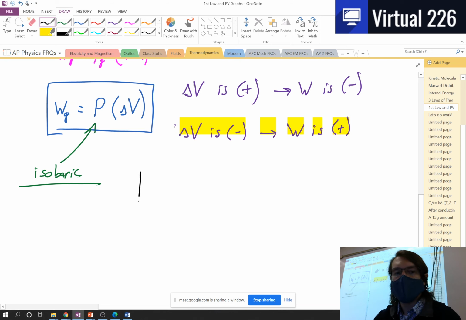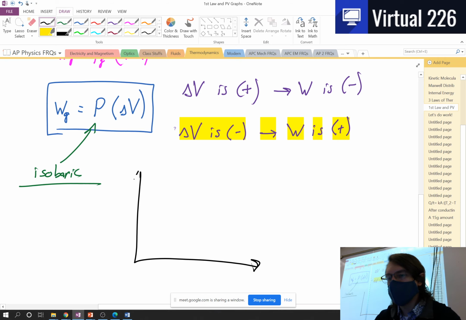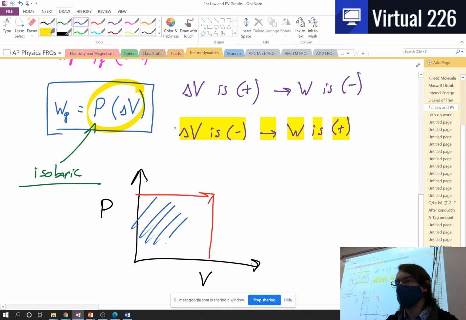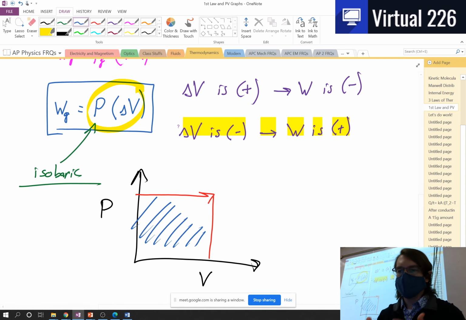If I have some pressure and a volume, what we're really doing here in this P times delta V is we're really saying if I have a pressure and I go through some volume, I want to multiply them together, which is really finding an area.